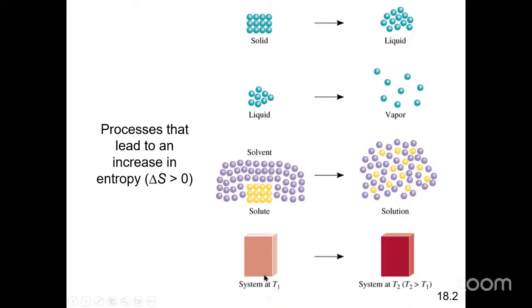And even within the same state, you can have an increase or decrease in entropy. So let's say you have a piece of metal like iron, and let's say that the temperature of iron was 26 degrees, and then you heat it to, let's say, 75 degrees. Now you might be saying, well, it's still solid iron. But what's going to happen at the microscopic level is that at a lower temperature, the atoms will have a certain amount of vibration around a particular equilibrium position.